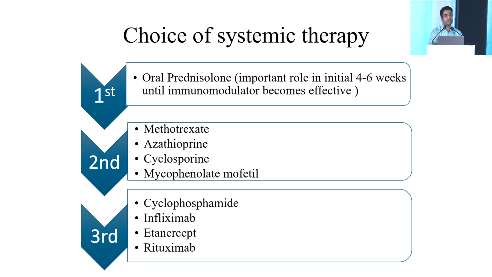So, choice of therapy should be tailored depending upon the symptoms. The first choice would be oral prednisolone in the initial phases, and then you shift to second line therapy like immunotherapy: methotrexate, azathioprine, cyclosporin, mycophenolate, or you go in for higher-end, newer biological agents in cases of severe or recurrent disease, or when you want to keep it in a remission phase.